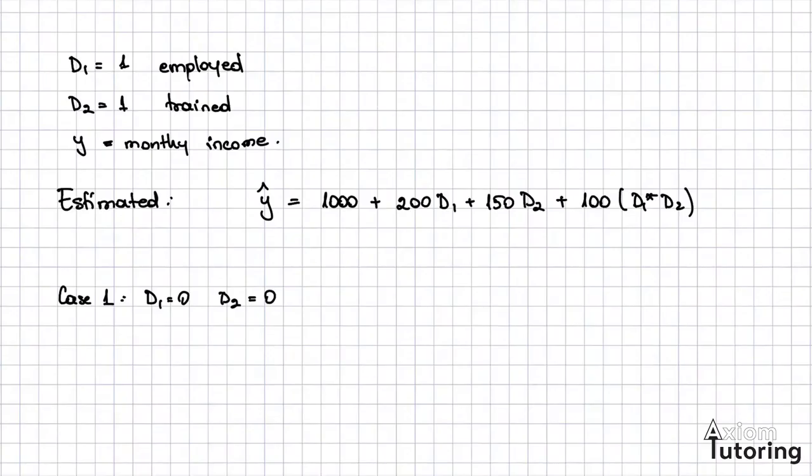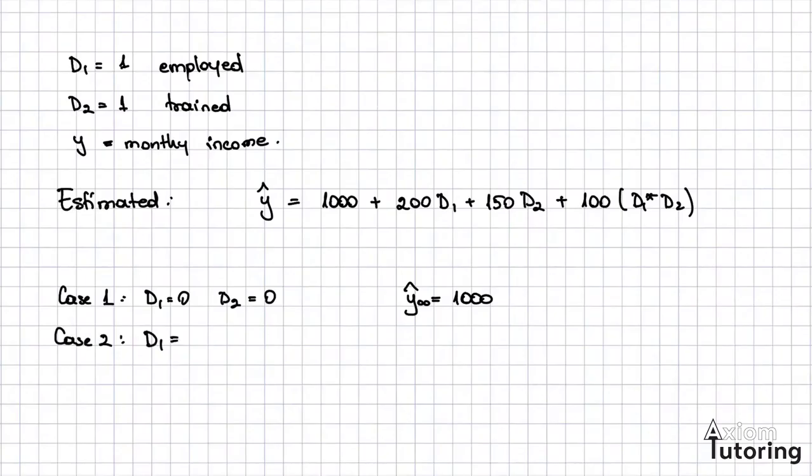And for this particular case, it's very clear to see that our Y hat is simply going to be 1000. Now, I'm going to add one extra element in here since in the previous video, we added a little bit of new notation. So I'm going to add here 0, 0. Okay.